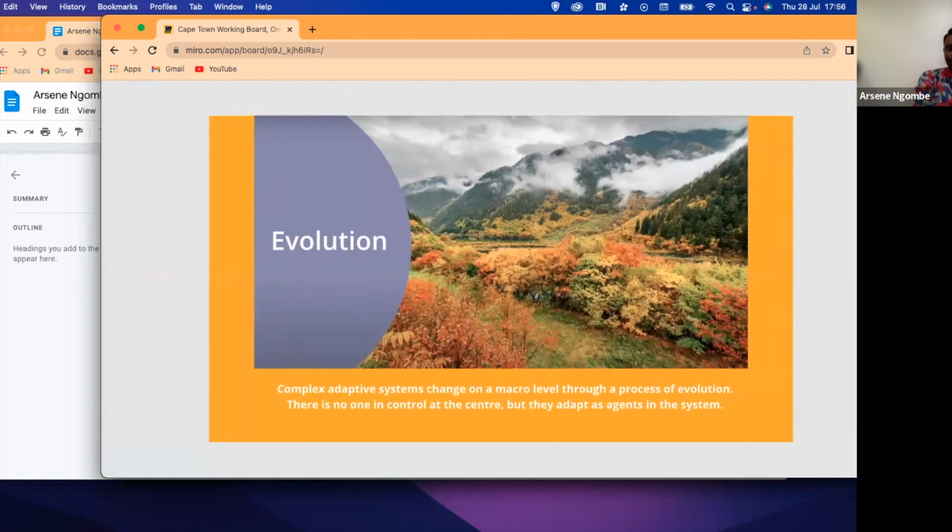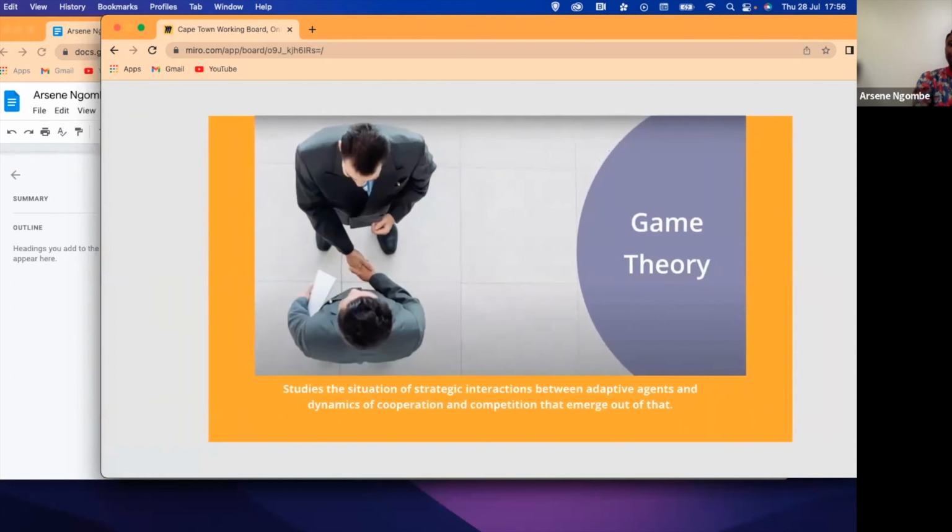Game theory and also evolution theory. But basically, just briefly, since I mentioned it, game theory studies the situation of strategic interaction between adaptive agents and the dynamics of cooperation and competition that emerge out of that. These agents in the system have their own agenda.